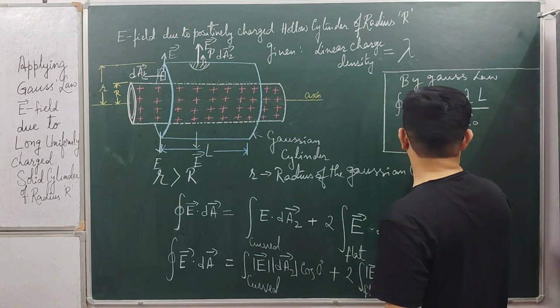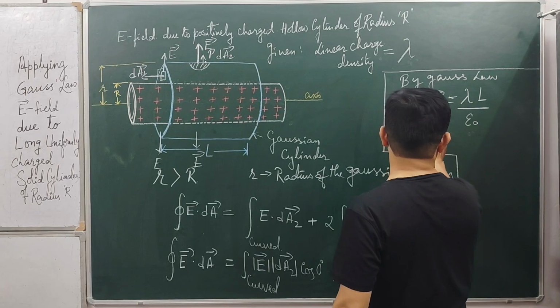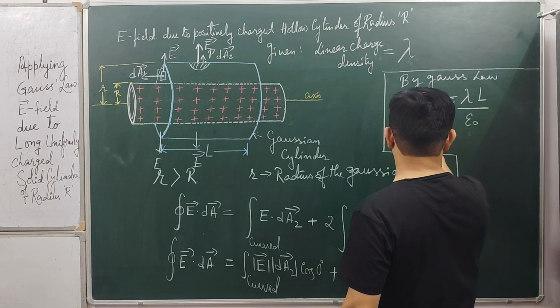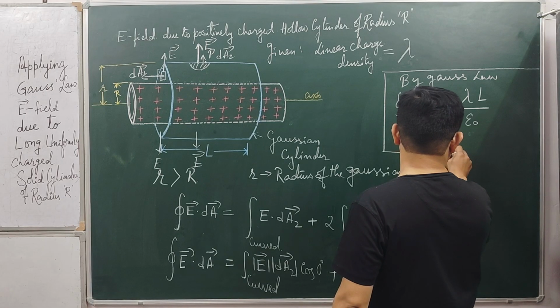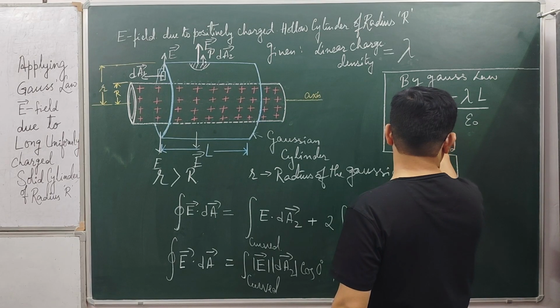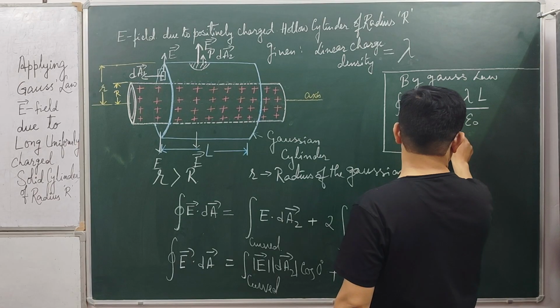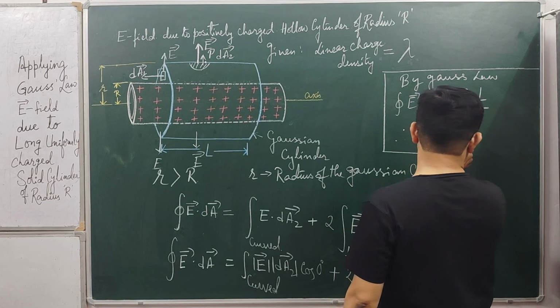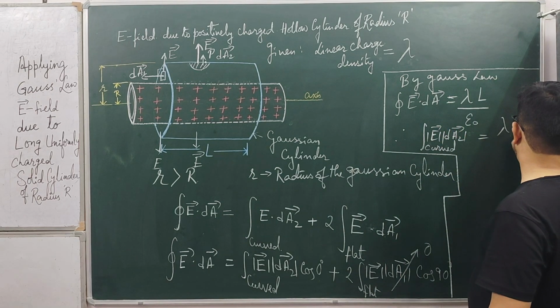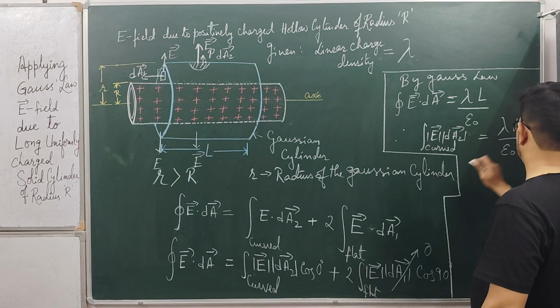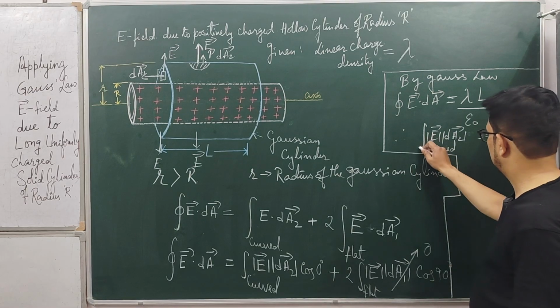So we can write that the magnitude of E multiplied by the magnitude of dA2 integrated should be equal to lambda L over epsilon naught. This is what we conclude.